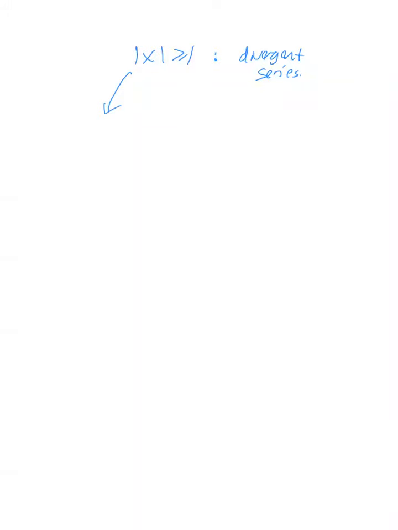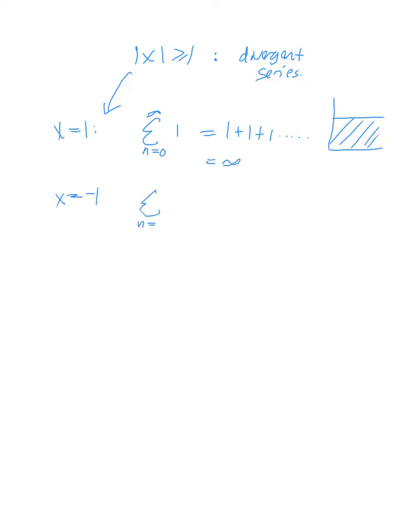So the reason it diverges, let's just consider a couple of cases. So if I just take x equals 1, it's this series. It's that area, so that should be infinity. If I take the series (-1) to the nth power, this should just be 1 minus 1 plus 1 minus 1 plus 1 minus 1.